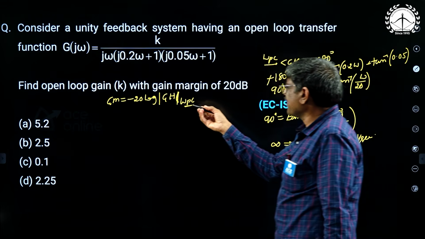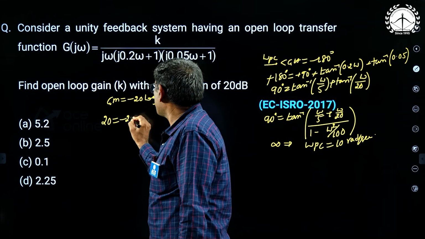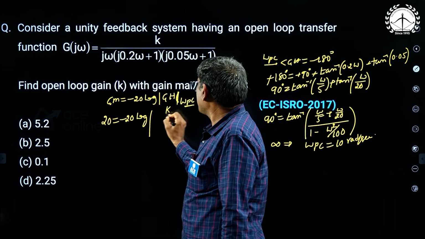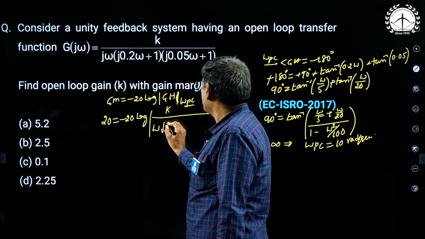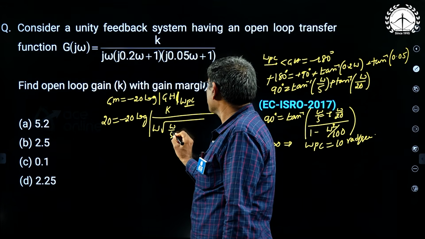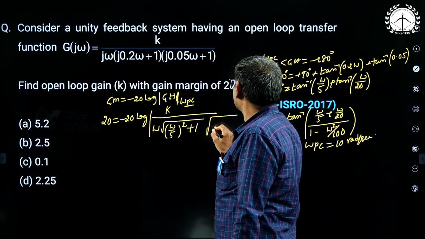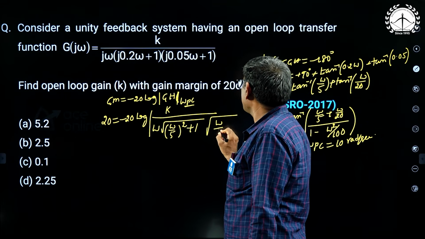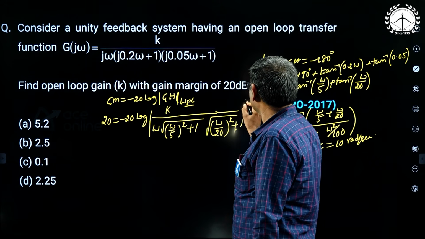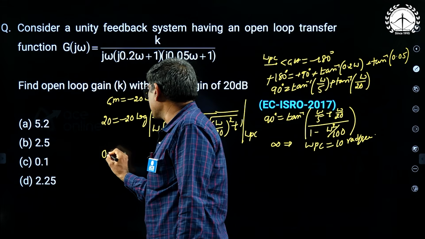Then find the gain margin. How much gain margin do you want? 20 equal to minus 20 log of the magnitude of this. So K divided by omega times root of (omega by 5 whole square plus 1) times root of (omega by 20 whole square plus 1), at omega PC. So then this will become 0.1.